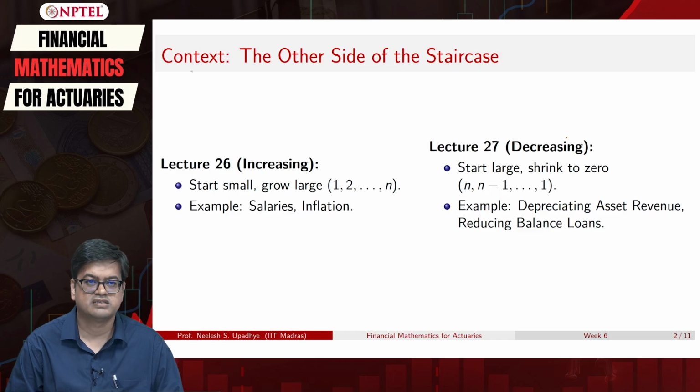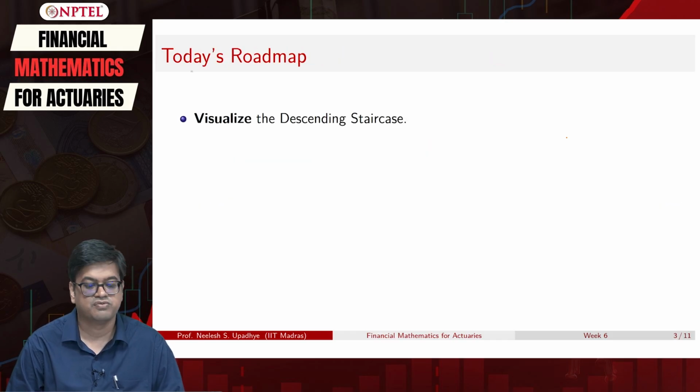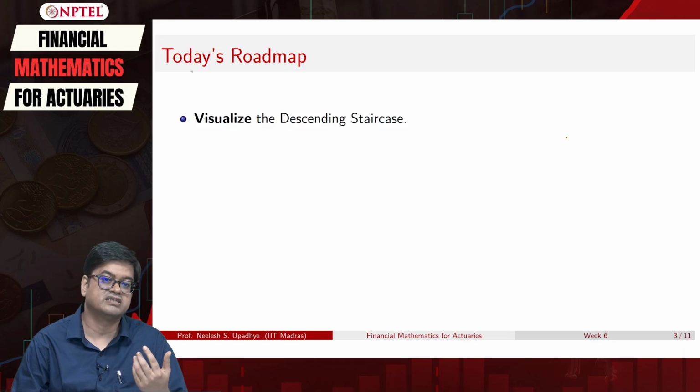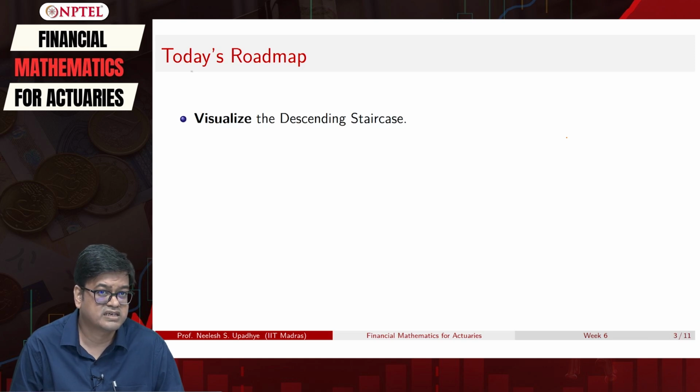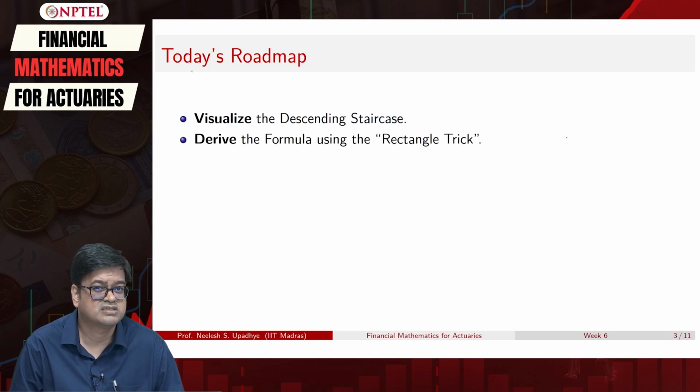Okay, so let us design a roadmap for studying today's topic. First, we will visualize this as a descending staircase, as we visualized the increasing staircase. Once we have understood it, we will explore the symmetry between descending and ascending staircases, and derive the formula using the rectangle trick.